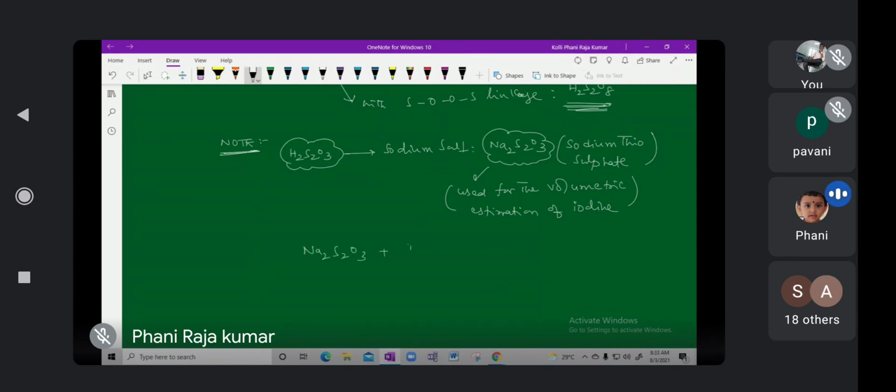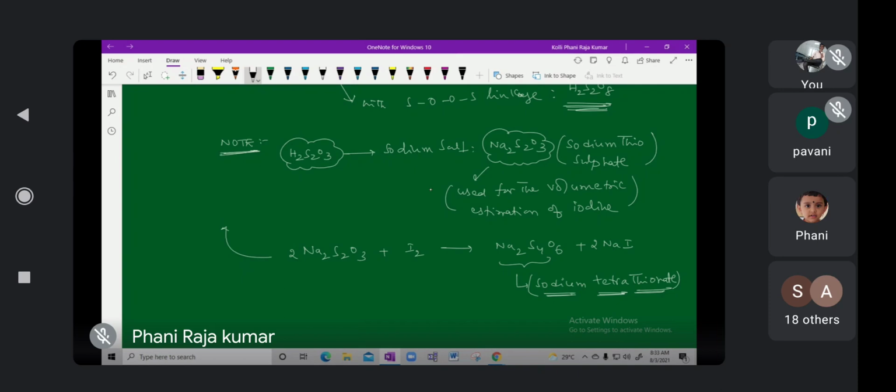A very famous reaction of sodium thiosulfate is with I2. It gives rise to Na2S4O6 plus NaI. Na2S4O6 is sodium tetrathionate.